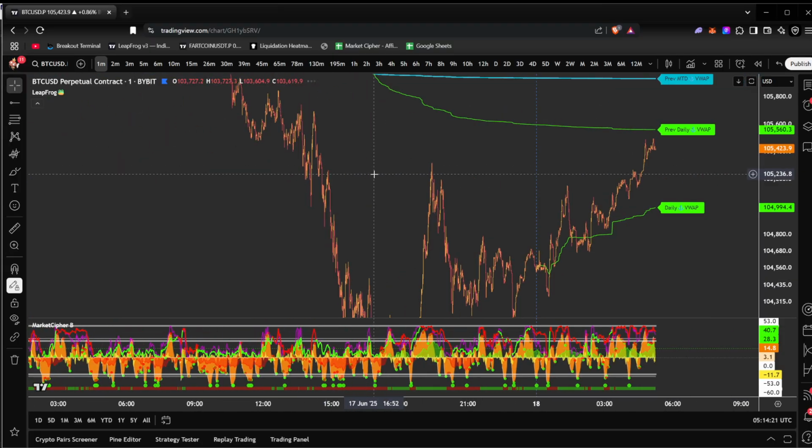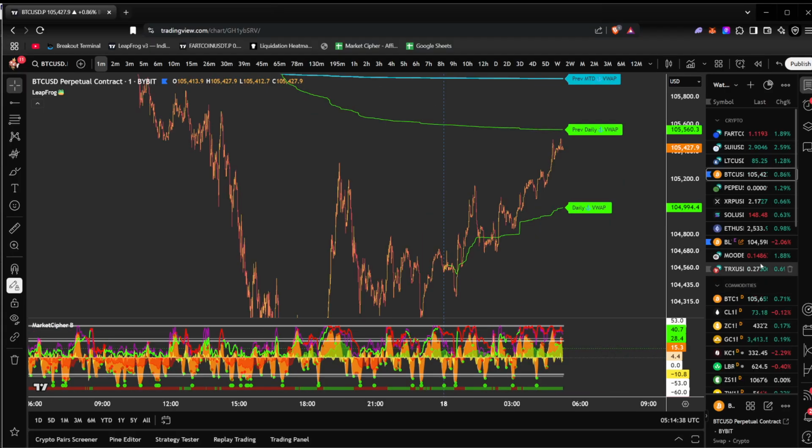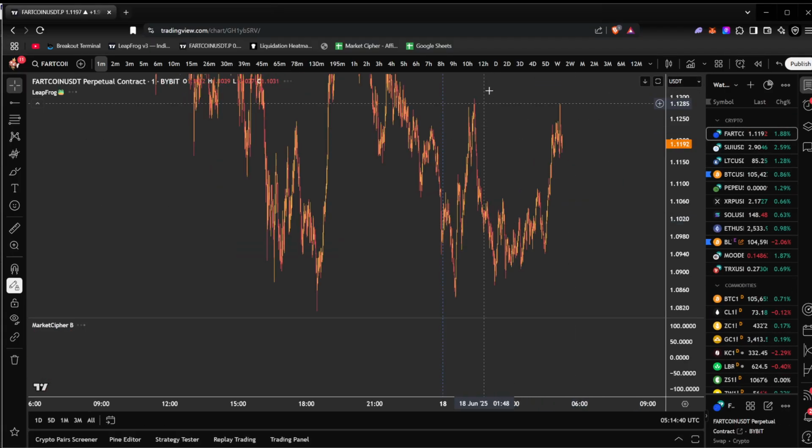An A leapfrog is we go straight there with no retracement. A B leapfrog is there's a minor retracement and then we go and fill the leapfrog. A C setup would be the sweep of a major low, such as Fartcoin here.